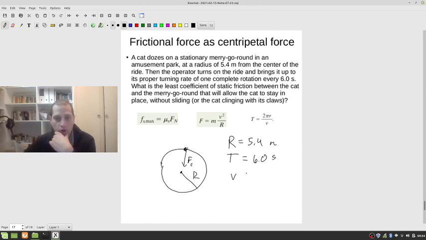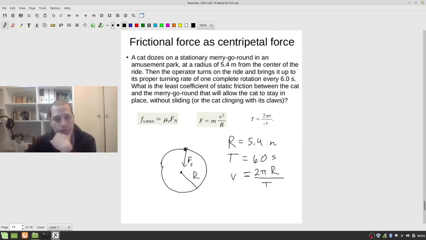As you hopefully remember from our last outing with circular motion, the way that you find the speed is going to be to take the circumference divided by that amount of time. So 2 pi r over t.